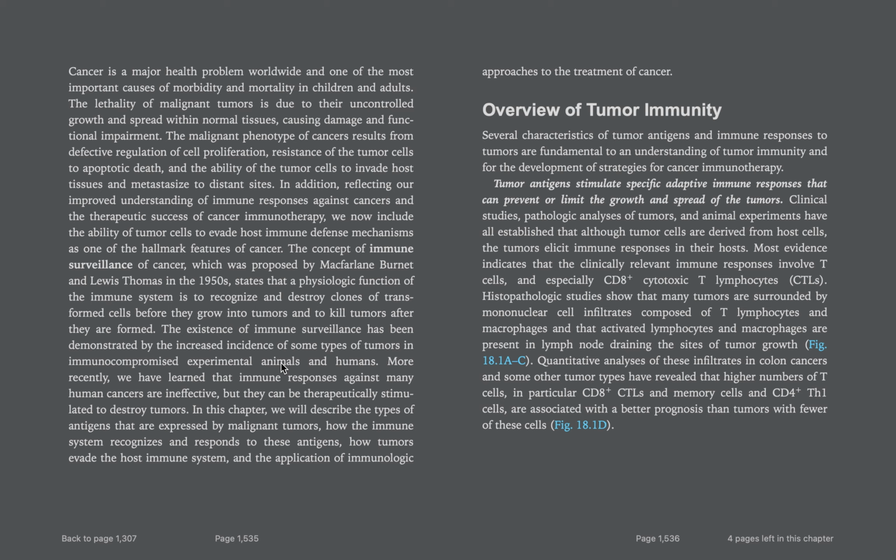Quantitative analysis of these infiltrates in colon cancer and some other tumor types has revealed that higher numbers of T cells, in particular CD8 cytotoxic T cells, memory cells, and CD4 T helper 1 cells, are associated with a better prognosis than tumors with fewer of these cells.